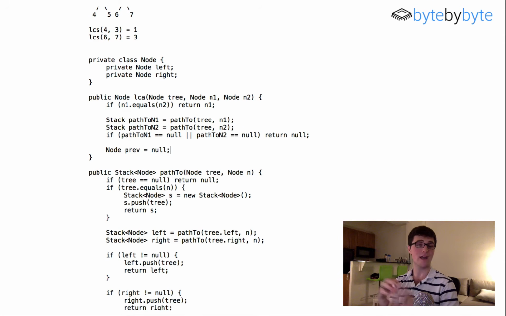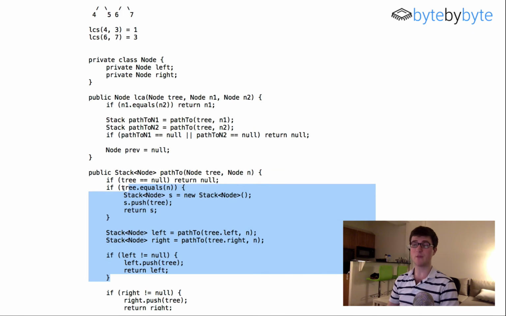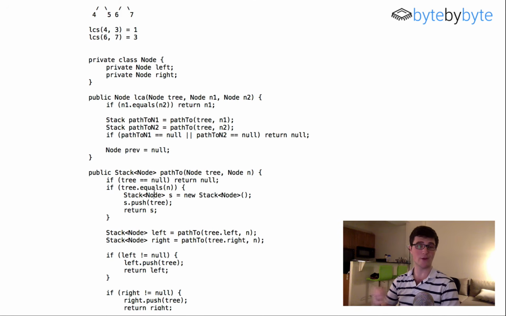And then once I find the part where they diverge, I'm going to return prev. And I know that prev is never actually going to be null, because I know that the two stacks are both going to be non-empty. Because of the way that I wrote path 2, it's always going to have at least one node, which is going to be the result node. It's either going to be null, in which case we dealt with that here, or it's going to have at least one item in it.